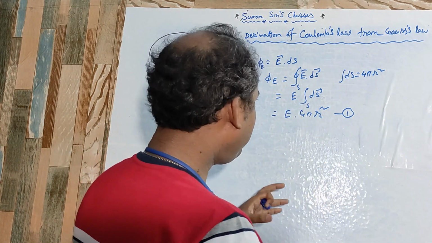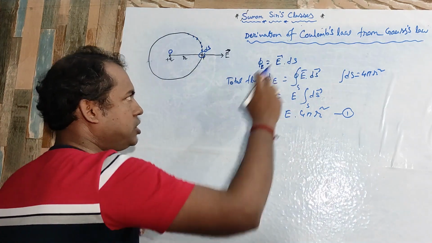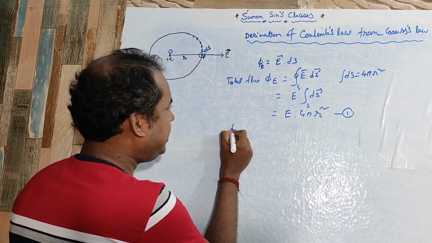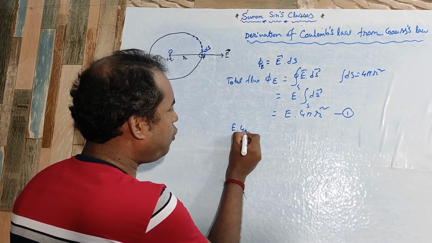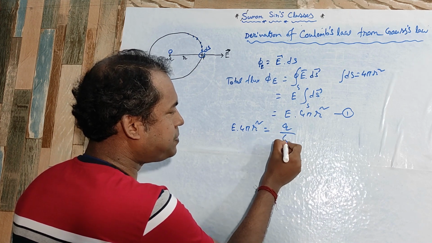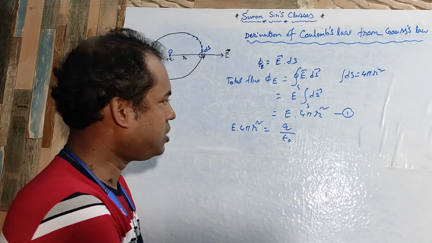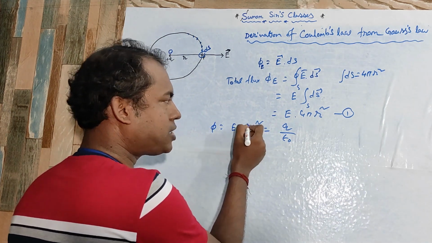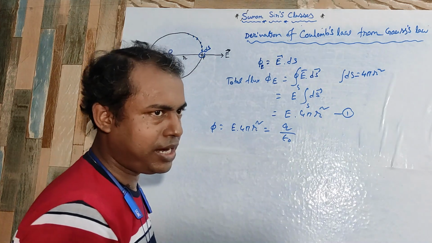Now according to the Gauss theorem or Gauss law, we can write E into 4 pi r square equals Q by epsilon naught, because this is the total flux phi, that is E 4 pi r square equals Q by epsilon naught.